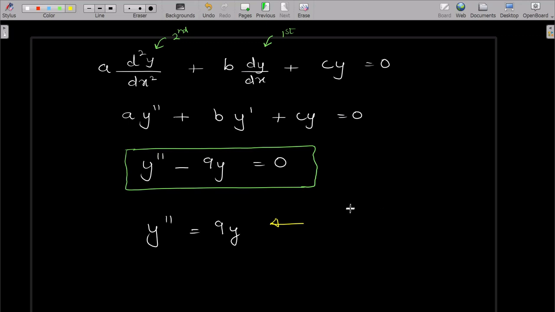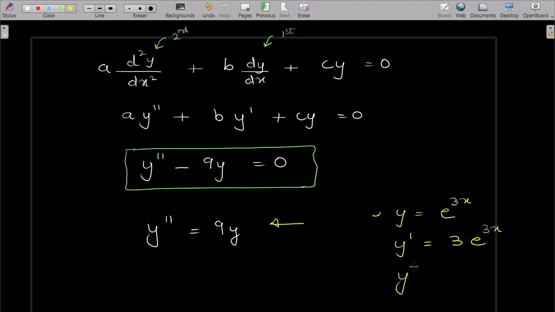Just try to think which function, if you take its derivative and then its double derivative, gives 9 times itself. For example, think about it. If I have a function y equals e to the power 3x, and I take its first derivative, it is 3 times e to the power 3x, right?